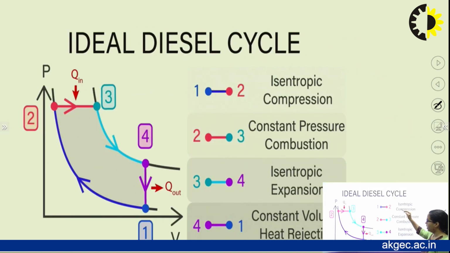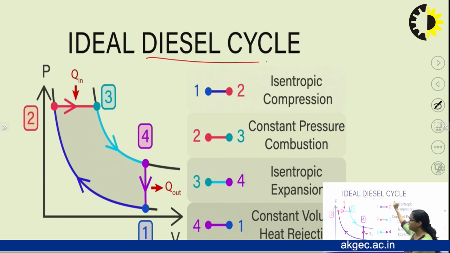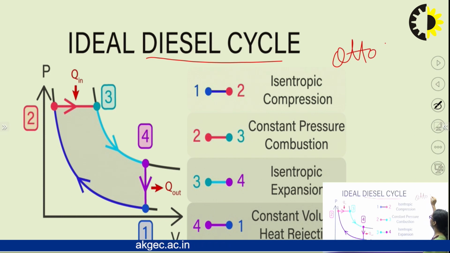Here is the ideal diesel cycle on which a CI engine works. This is a thermodynamic cycle. In the previous lecture I discussed the Otto cycle on which the SI engine works.